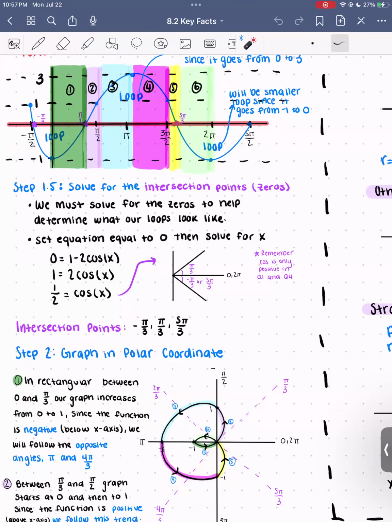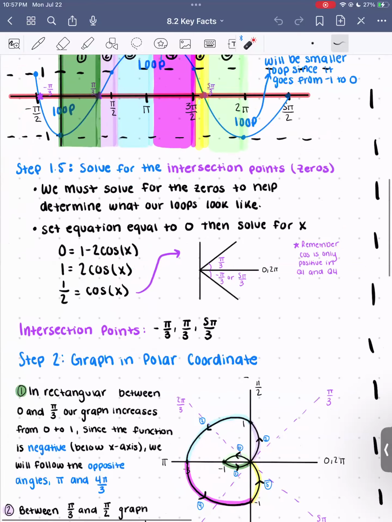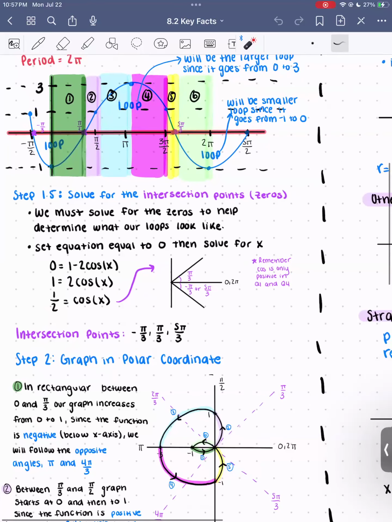So if we start here, and I kind of highlighted it, we start at our 1, and then it increases to 0. And we see we're starting on the pi axis, and then ending on the 4 pi over 3 line, so we kind of end at the origin since it is also 0.